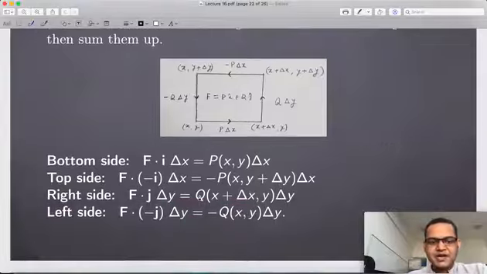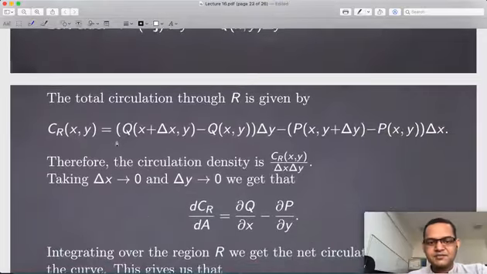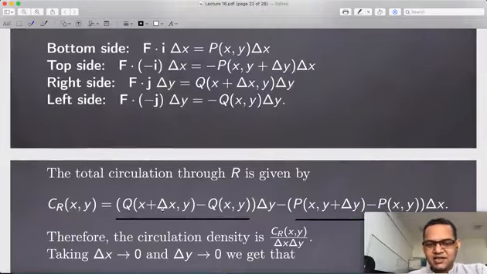So I have written here the circulation on the bottom side, top side, right side and the left side. To get the total circulation, you just sum them up. I have not written two steps: basically what I have done is collect the terms which have delta y and then collect the terms which have delta x. And you see that there are these point evaluations.